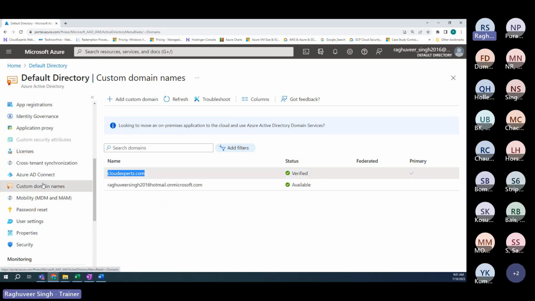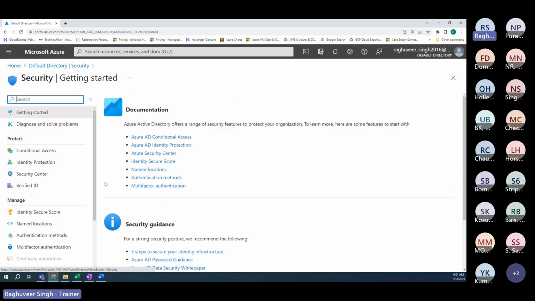So this is the service that Azure Active Directory provides, which has nothing to do with authentication and authorization. And that is why it is a multi-talented service. So you get a custom domain. Similarly, for security, when you go to security, you get all of these capabilities. You get Azure AD conditional access. You get Azure AD identity protection.